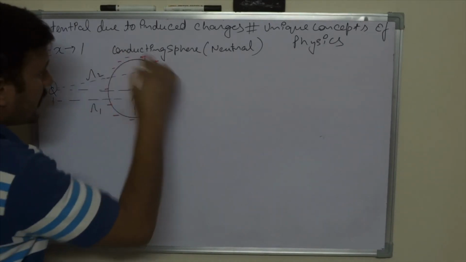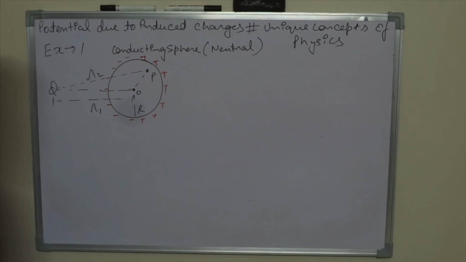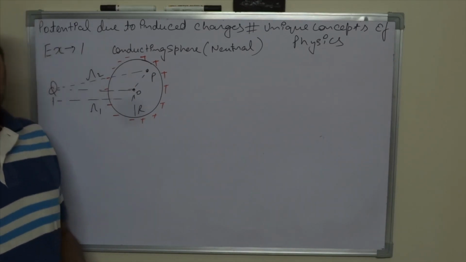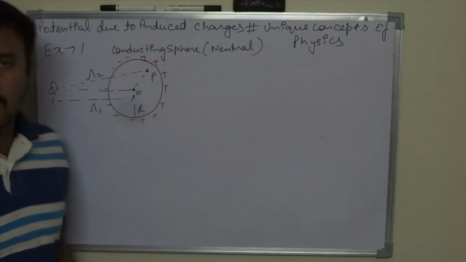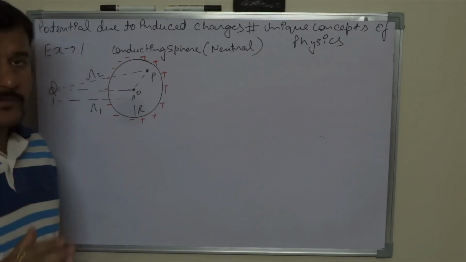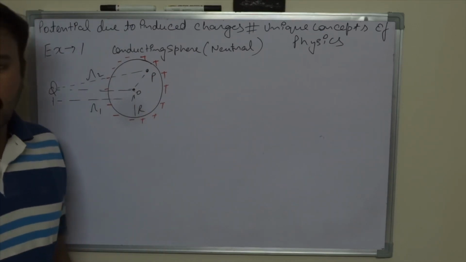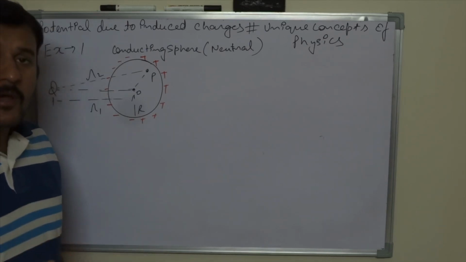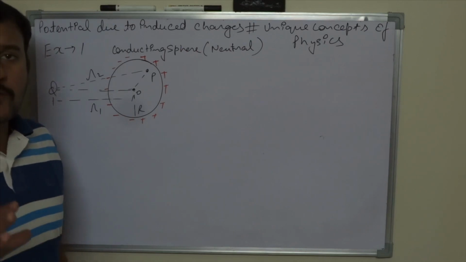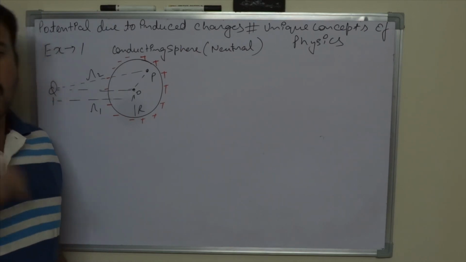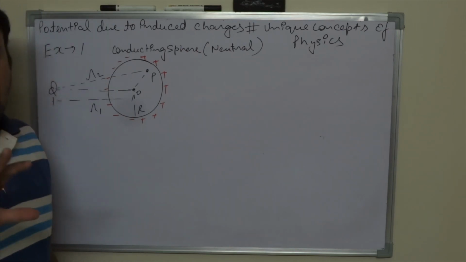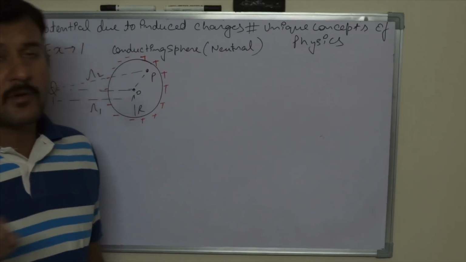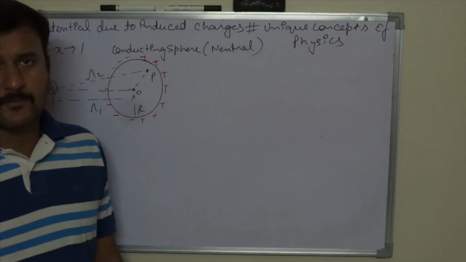Now all the points on the sphere's surface are equidistant from the center, and all the induced charge on this metallic sphere resides on its surface. Therefore, all the induced charge on the metallic sphere is equidistant from its center, and the net induced charge on any conductor is always 0.